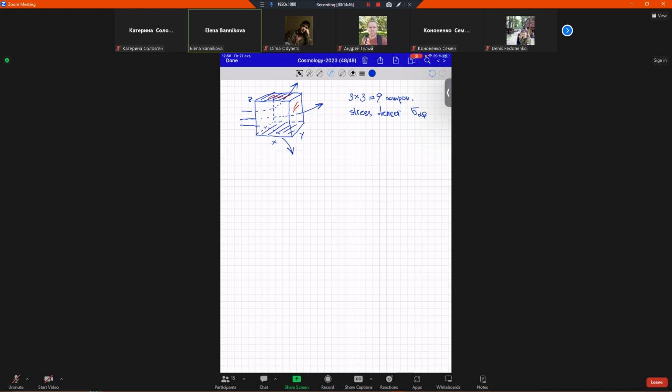So what does the stress tensor mean? By definition, this is the amount of the alpha component of momentum which goes through some unit volume, and goes through one of the surfaces of this volume which is perpendicular to some axis.